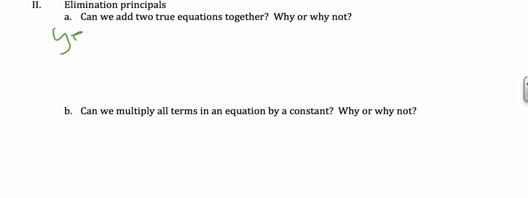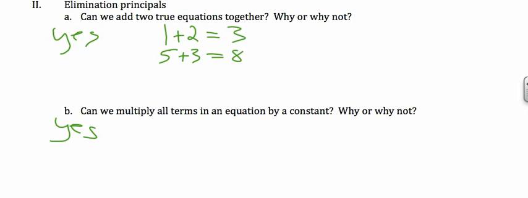And we could make very easy illustrations as to why. I'm just going to write two equations without variables that I know are true. And the question was, could I add them both together and still get something true?